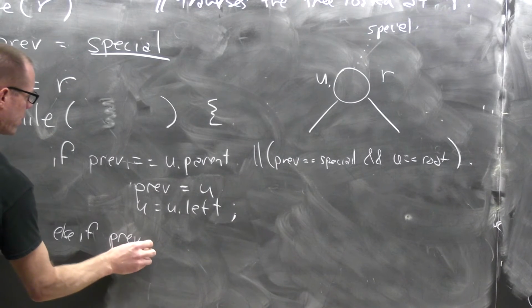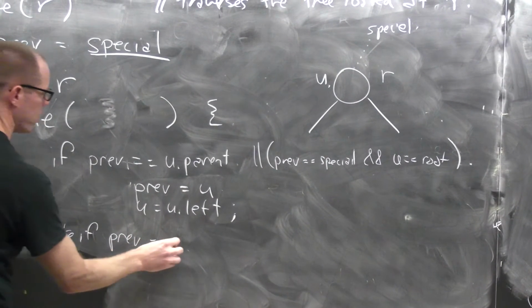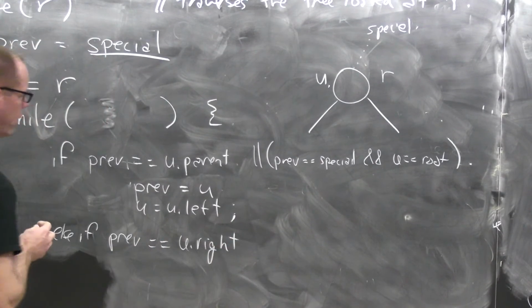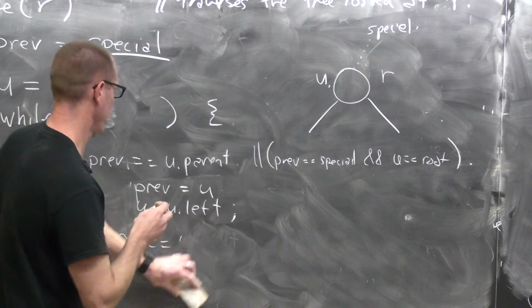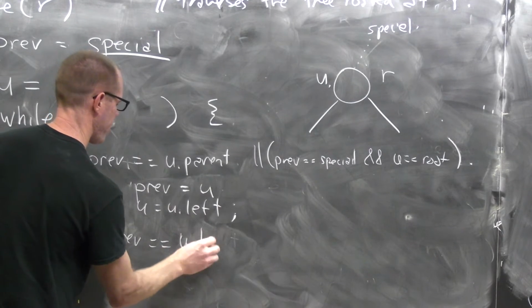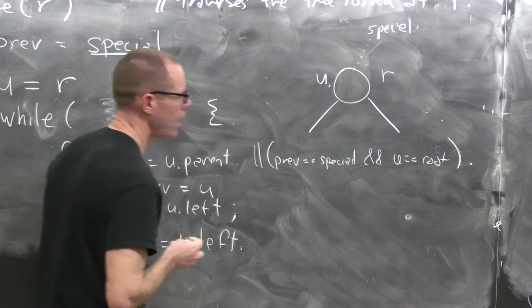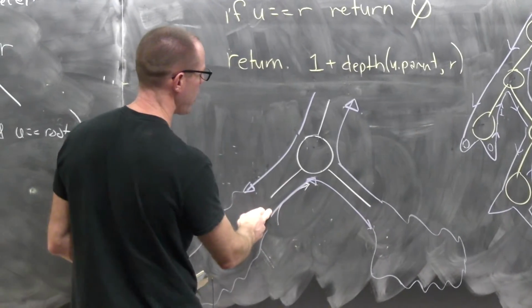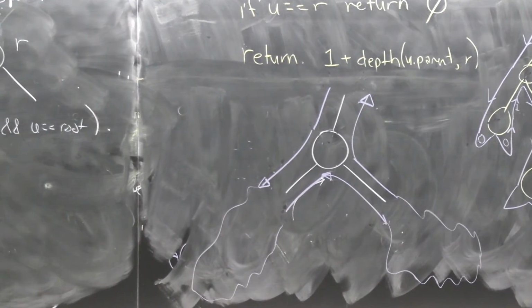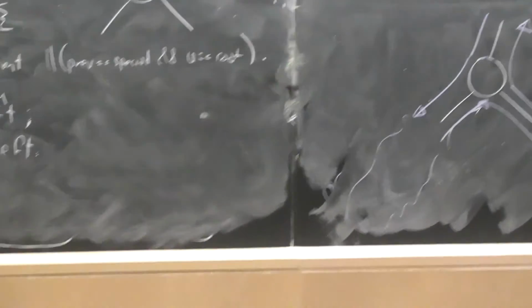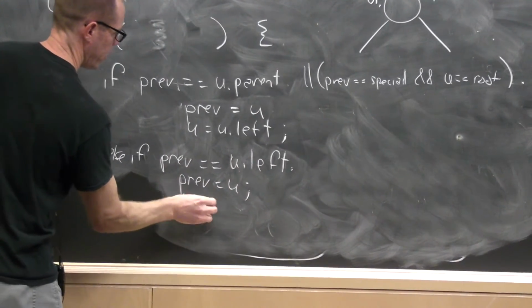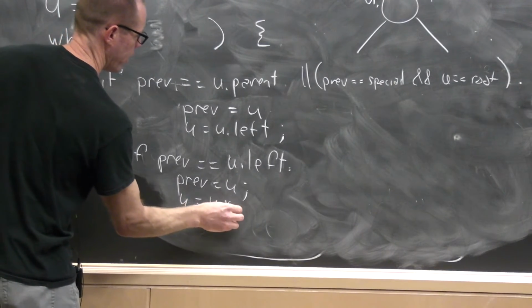If the previous is equal to u dot left, that means we got to u by coming from this left child. We should go to the right child. Prev is equal to u, and u equals u dot right.